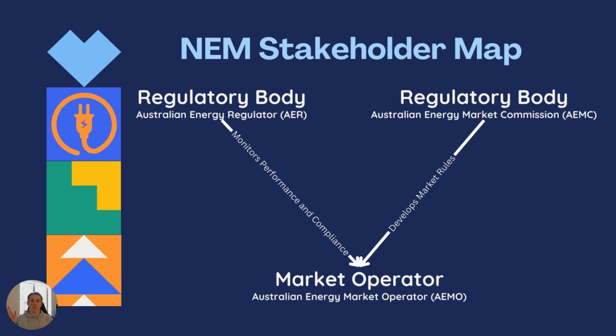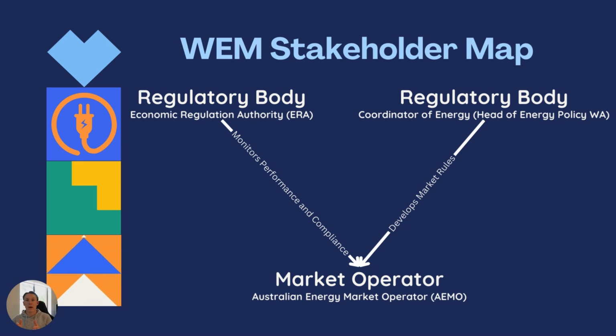How this relationship is structured: the AEMC provides the rules and regulations that the market must follow, and then the AER enforces those rules and monitors performance. And what AEMO, the market operator, does is operate the market. In the NEM, they set prices, they monitor generation and all that sort of stuff. It's a lot more complicated, but that's a high-level summary of it.